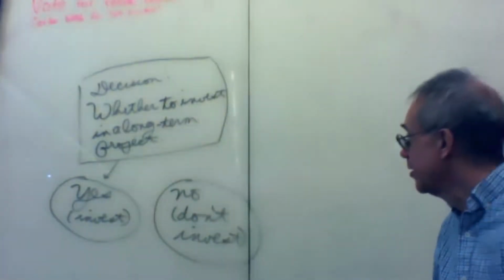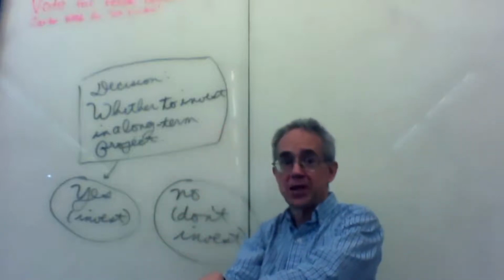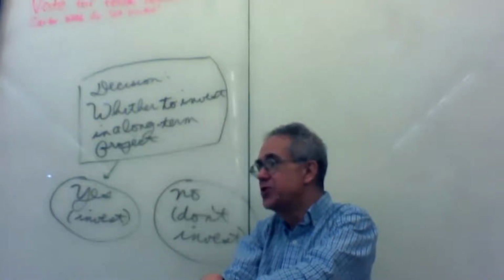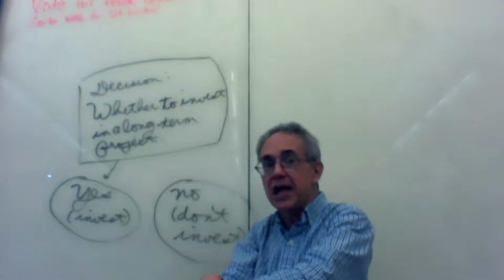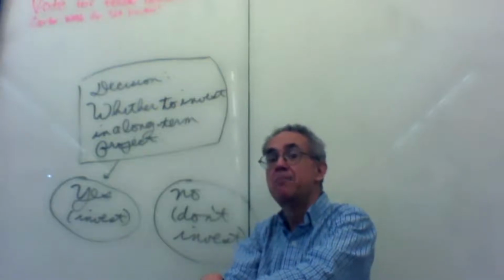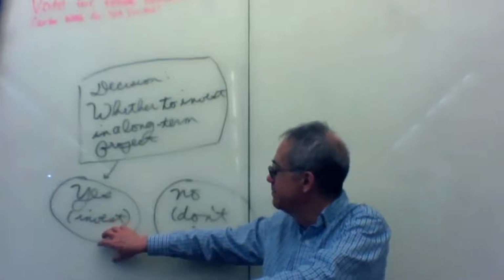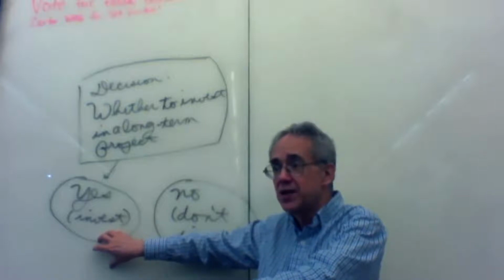Again, our decision here is whether to invest in a long-term project like this building. We'll have 4 different ways of budgeting, 4 different capital budgeting methods or models. And basically, if future cash inflows exceed cash outflows, we'll invest.